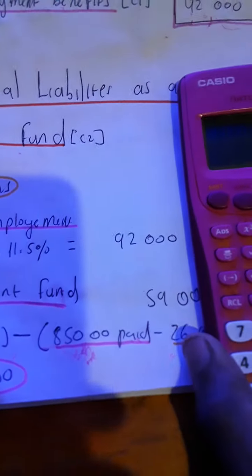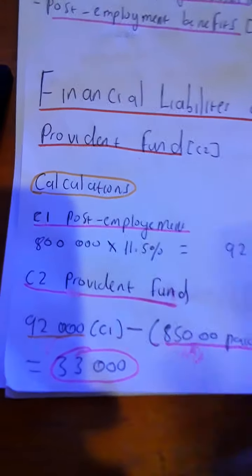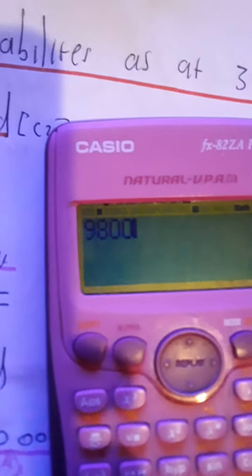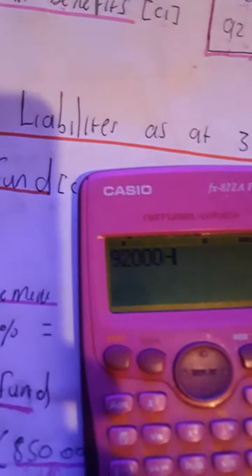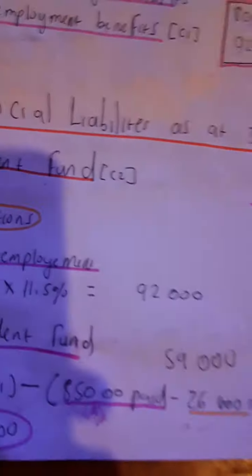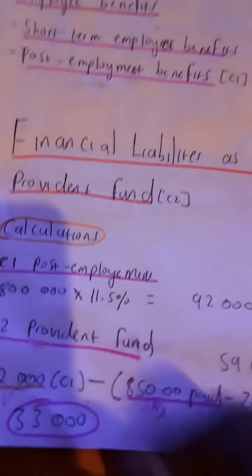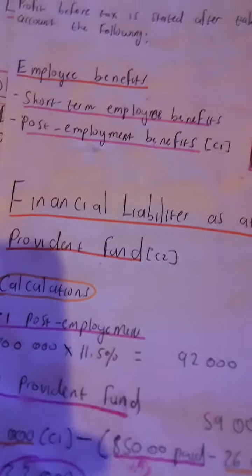So the 59,000 has to be subtracted from the 92,000. I will explain why that is the case. 92,000 minus that will give us 33,000. Thus we have 33,000 on the provident fund amount for the current year.